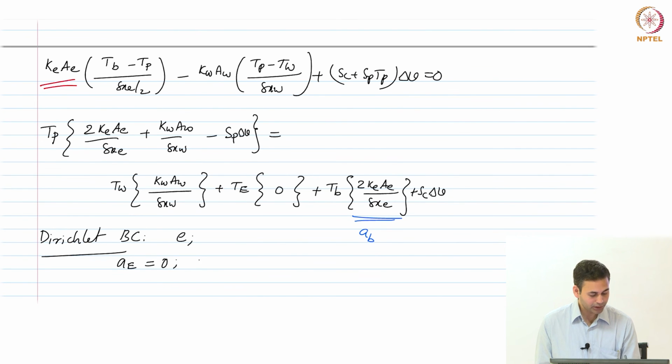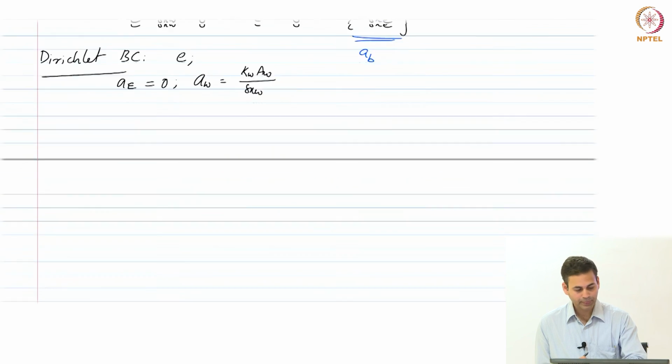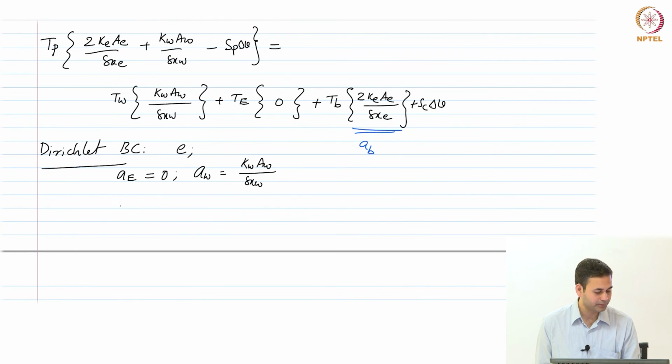What will be the coefficient A west? Remain the same, Kw by del xw. What will be the coefficient AP? Aw minus Sp delta V plus this guy, which is nothing but AB.